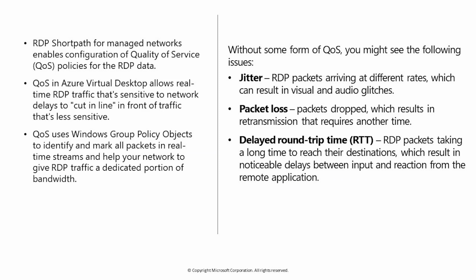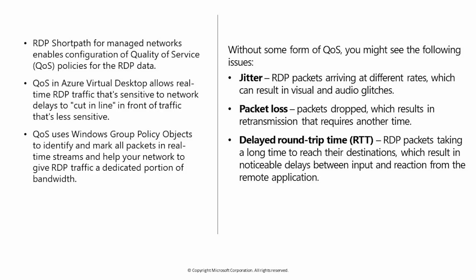of service. And why? Because whenever you work with workloads and connect to them remotely, there are so many challenges. You experience jitter, you experience packet loss, there are delayed round trip times, isn't it? So from that aspect, implementing RDP Shortpath for managed networks helps you enable the configuration of the QoS policies in RDP itself.